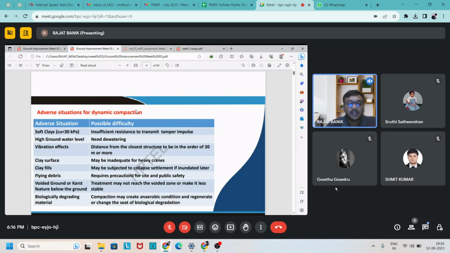It does not resist the temper very well, so it cannot transfer the energy to a great depth. So this technique is not suitable for soft clay.